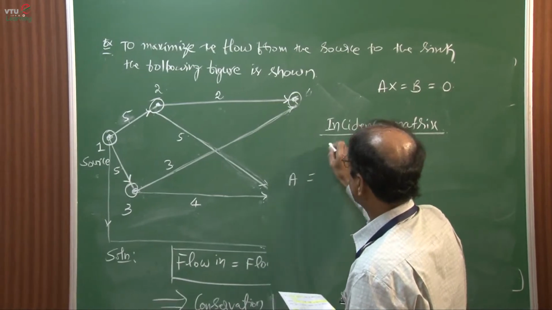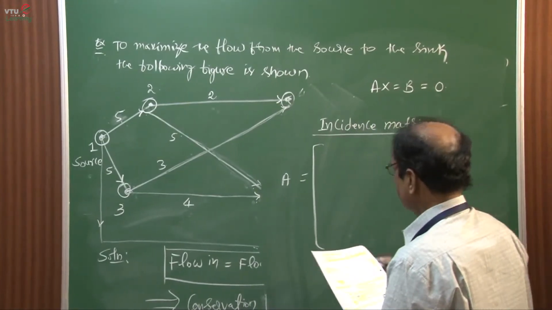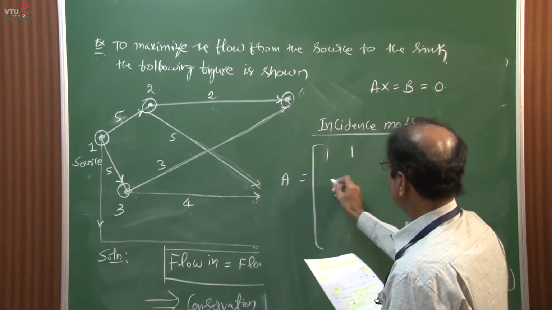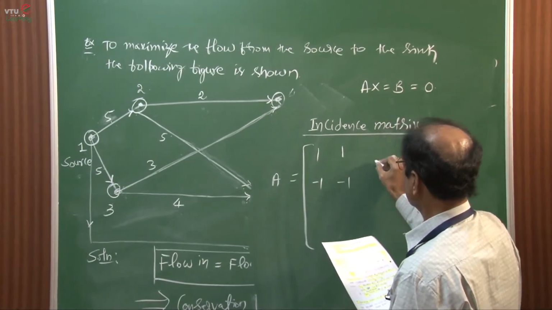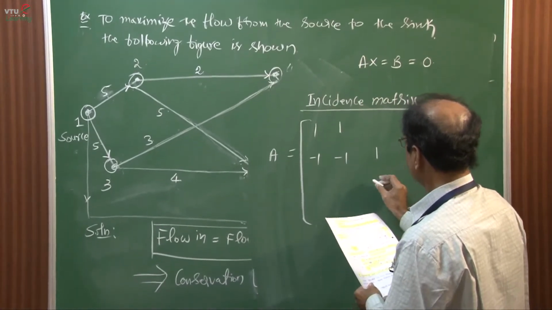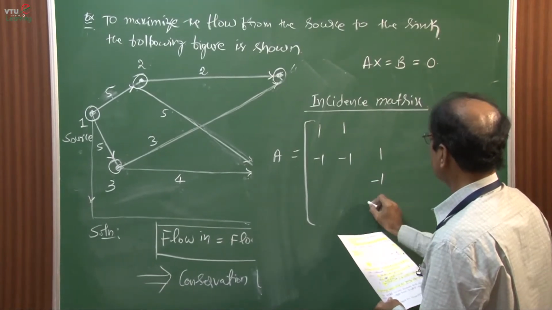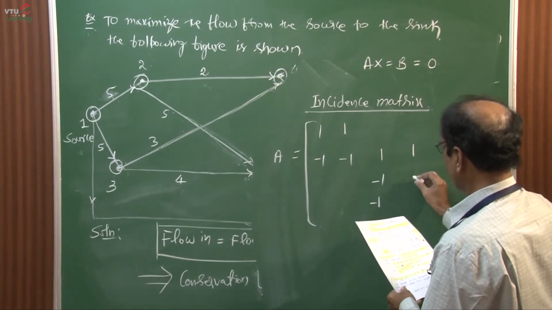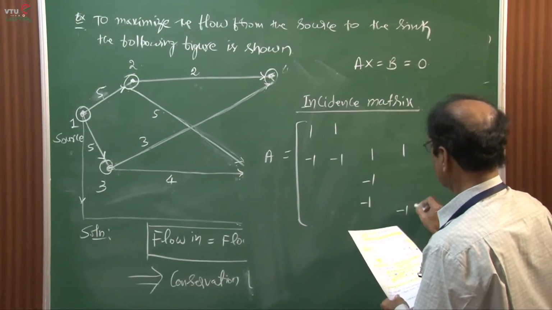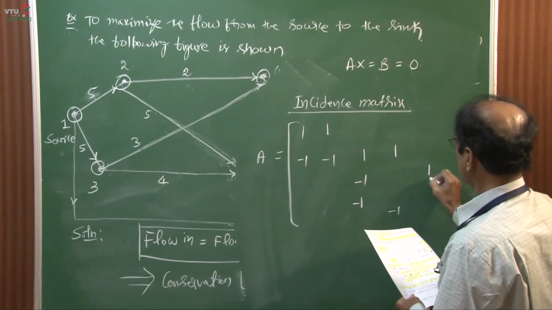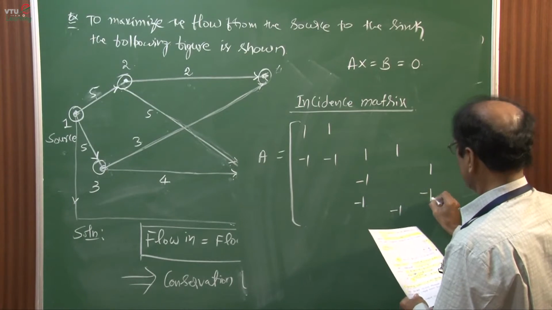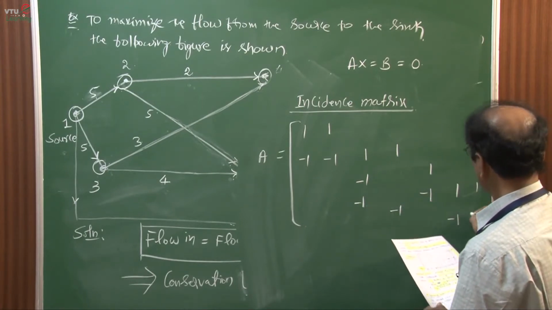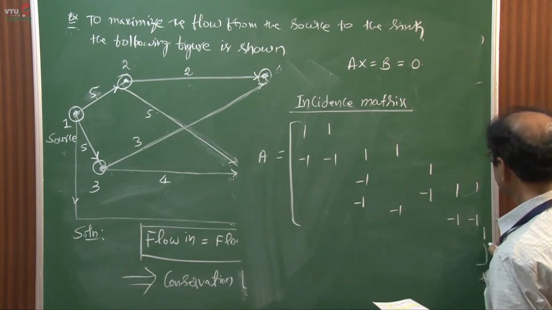A, that is equal to, with diagonal numbers 1, 1, it is -1, -1, this is 1, and then -1 plus -1 here, and I will explain all these numbers, and here 1, then -1 here, and 1, then -1, and then 1 here, -1, and then 1, -1, and next is 1.